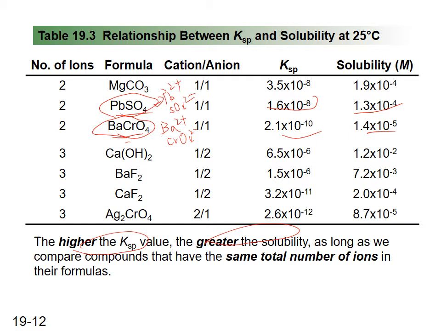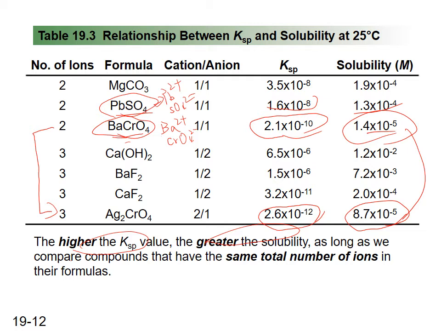Now, if we compare barium chromate with silver chromate, you can see although silver chromate Ksp is smaller, 10 to the minus 12, than barium chromate, the solubility is actually greater. Solubility for silver chromate is 8.7 times 10 to the minus 5 compared to 1.4.